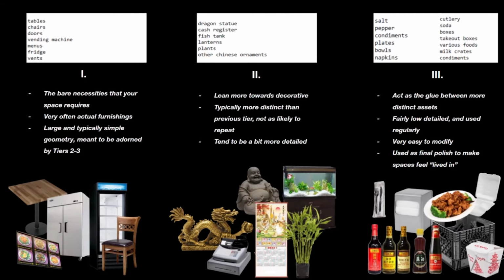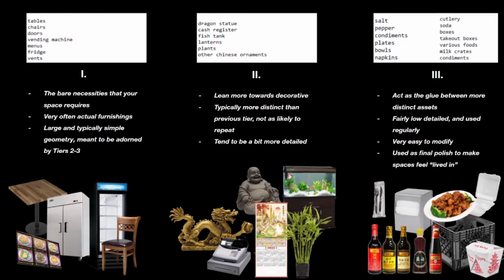And lastly, we have our tier 3 assets. These are what I consider the glue that ties everything together, because you have your really big basic assets, you have your nice decor, but these are usually what determines whether a space will feel lived in or kind of hollowed out. Tier 3 assets are the simplest, both geometrically, like the models are never super complex, and on top of that, they're not super exciting.